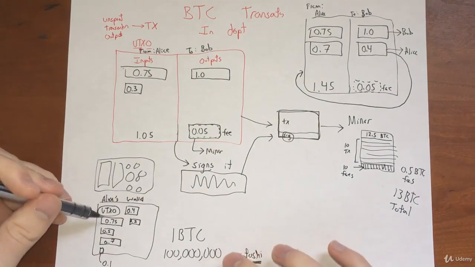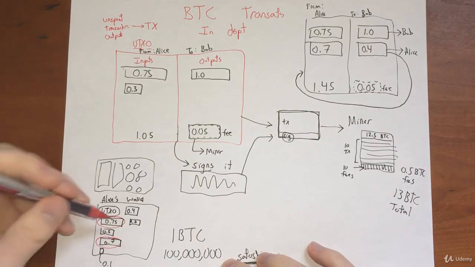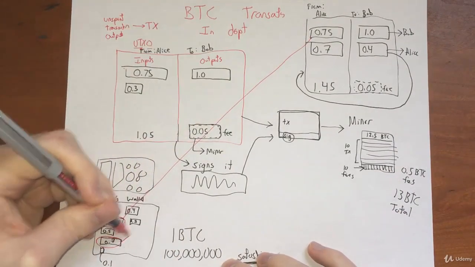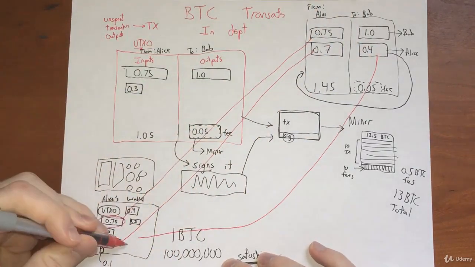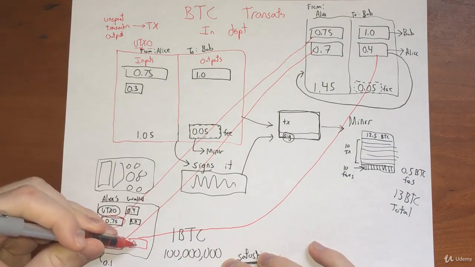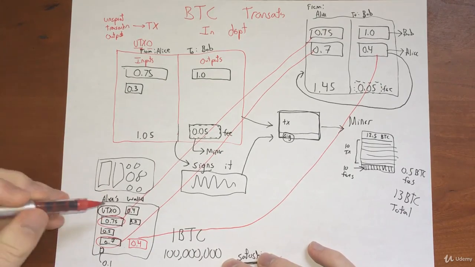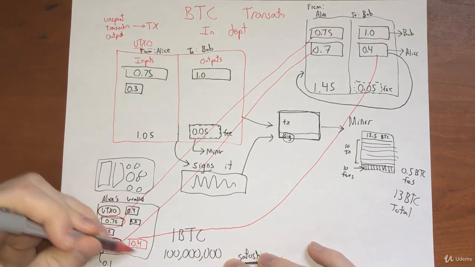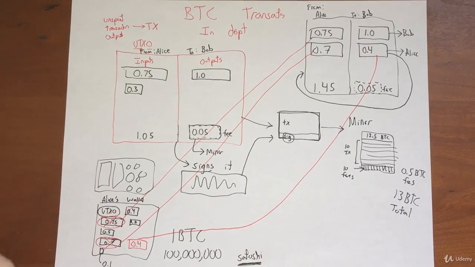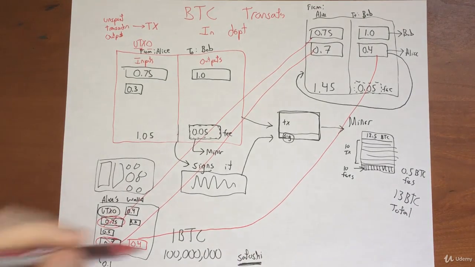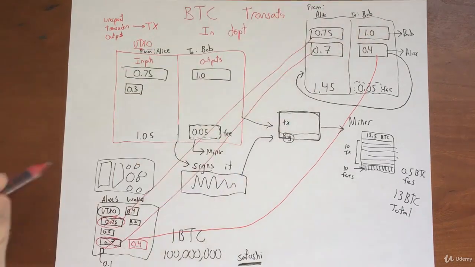So this UTXO and this UTXO are inputs, and then this UTXO is now a new piece of Bitcoin in Alice's wallet. So now there's 2 0.4 UTXOs in Alice's wallet, and these 2 are now gone. And they've been turned into this 1.0 chunk of UTXO in Bob's wallet.